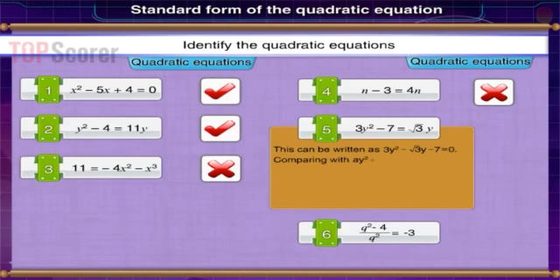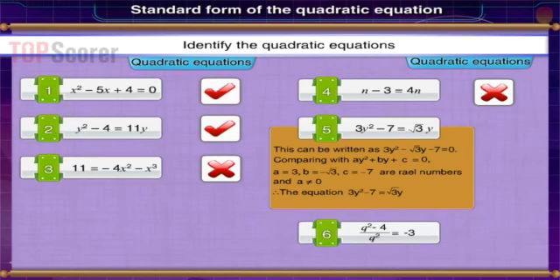Comparing with ay square plus by plus c equal to 0, a is 3, b is minus root 3, c is minus 7. a, b and c are real numbers and a is not equal to 0. Therefore, the equation 3y square minus 7 equal to root 3y is quadratic in variable y.